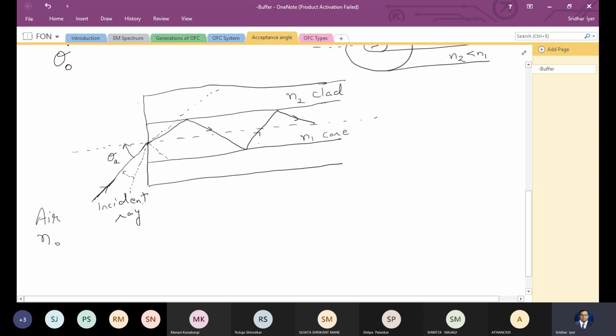None of it is getting refracted. That is the difference here.